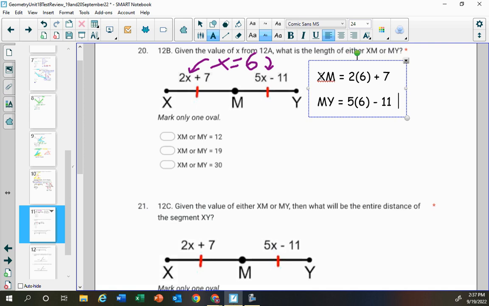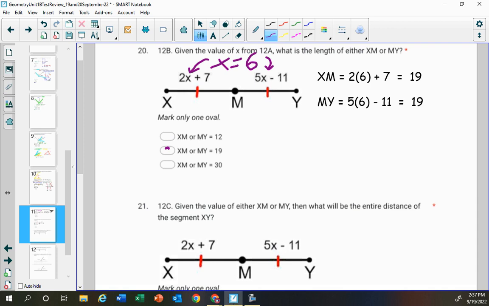In both cases, what number should we get? 19. So in both cases, you got to get 19. And that's going to help you for the next problem. The whole entire distance will be 19 plus 19, which is 38. Good.